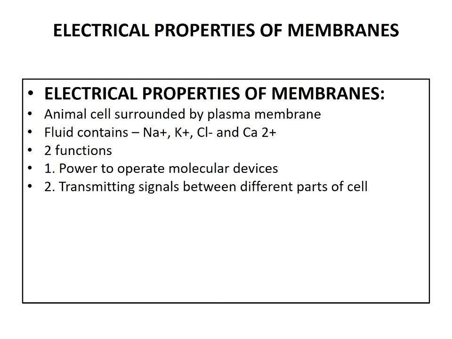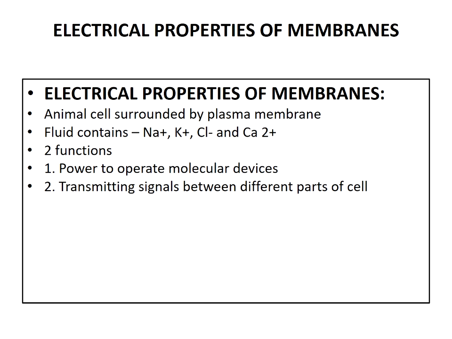The second function is in electrically excitable cells such as neurons. It is used for transmitting signals between different parts of the cell. So the second function is the transmission of signals between different parts of a cell, and it takes place in neurons.